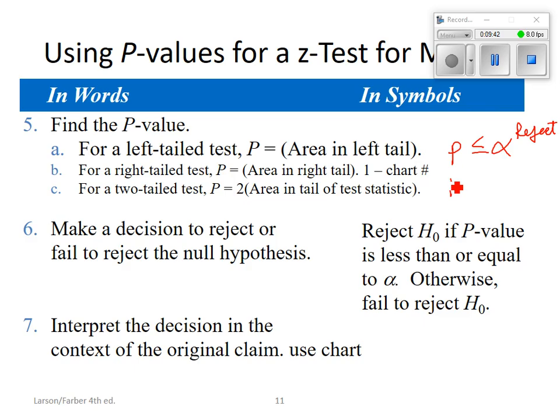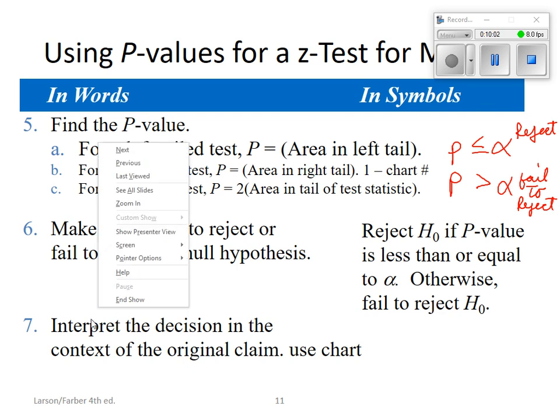If your p-value is greater than alpha, then we fail to reject the null. Again, you can use the p-values if you want. I would rather, and in most of the stuff I do, I'll be using the rejection regions.